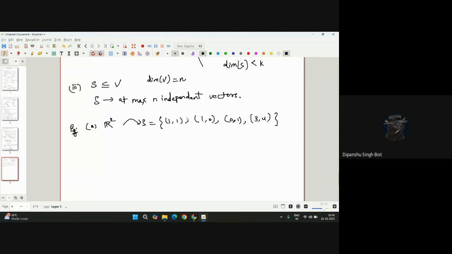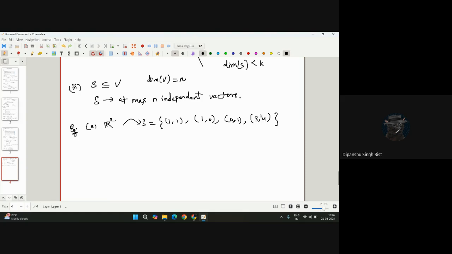So you see S is a dependent set. It has dependent vectors because (1, 1) can be represented by (1, 0) and (0, 1). So one by one, let's start to eliminate the vectors.